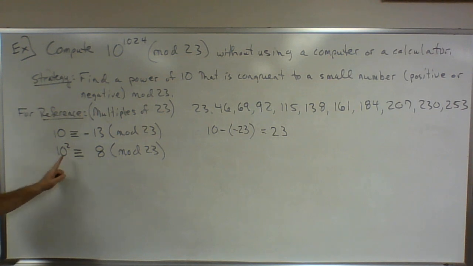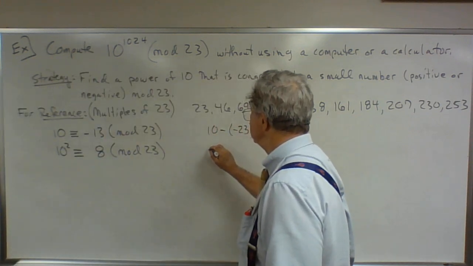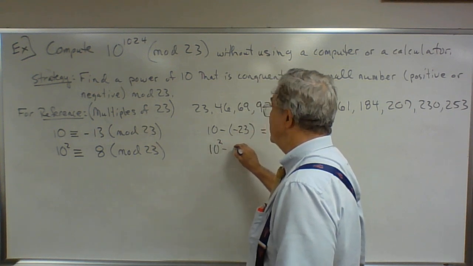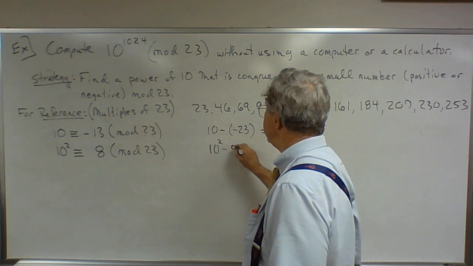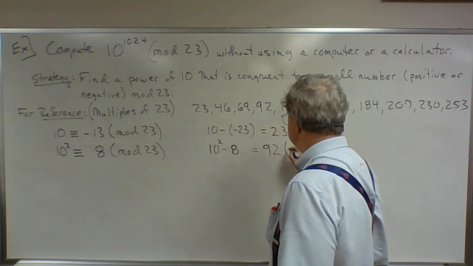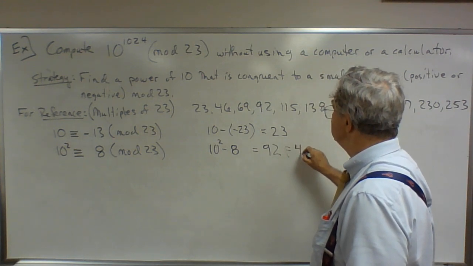Or I could say 100 minus 8 is 92, which is a multiple of 23. So 10 squared, 100, minus 8 is equal to 92, and 92 is what, 4 times 23?